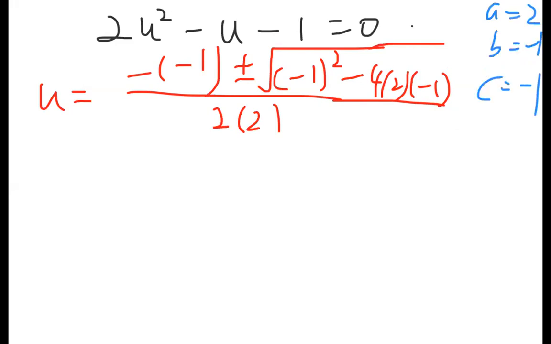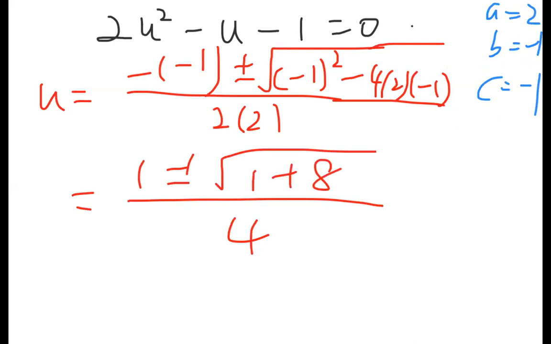Okay, then this can be simplified as 1 plus or minus the square root of 1 plus 8, which is 9, over 4. So it's 1 plus or minus 3 over 4.